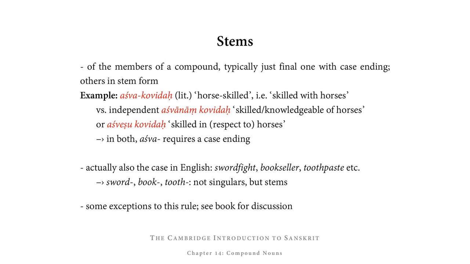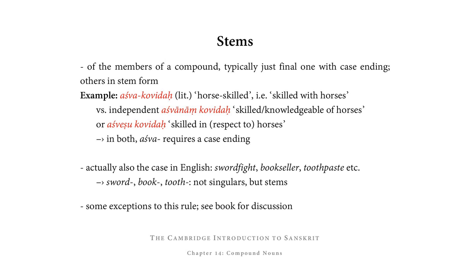A very noticeable feature of Sanskrit compounds is that of the members of a compound, i.e. of the words used in a compound, it's typically just the final one that has a case ending. All the others before the final one are put just in their stem form.